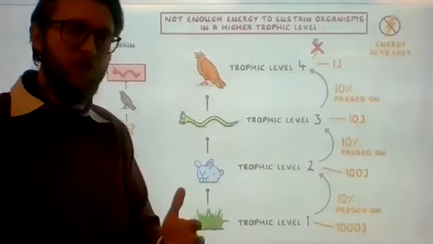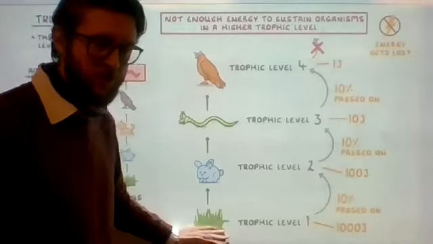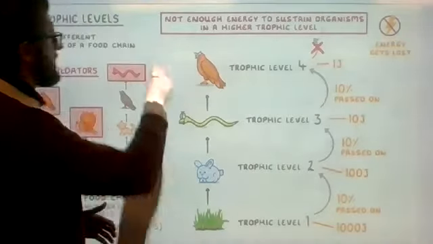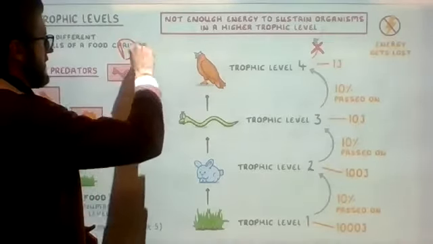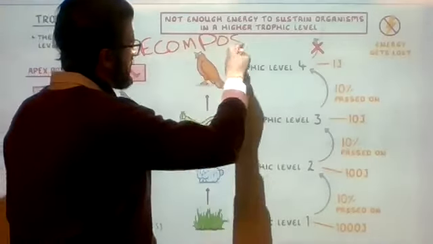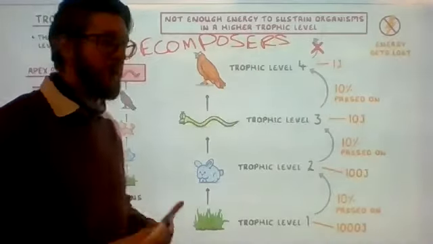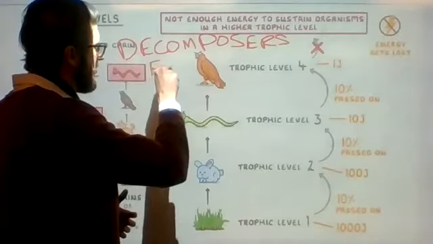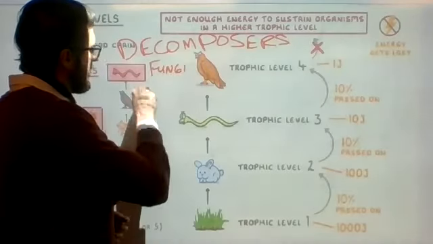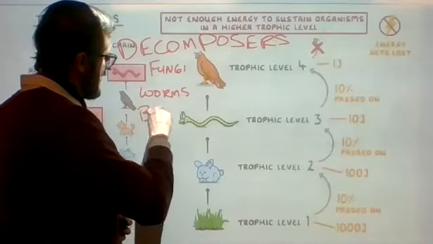So there's these other organisms that are extremely important to this ecosystem as a whole. And these things are called decomposers. So decomposers are things like fungi, worms, or bacteria.